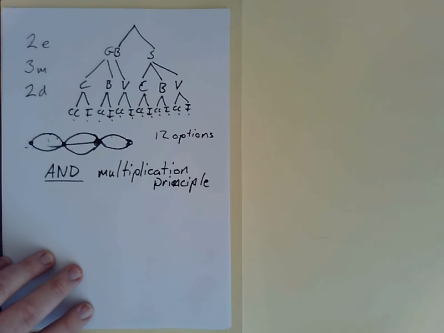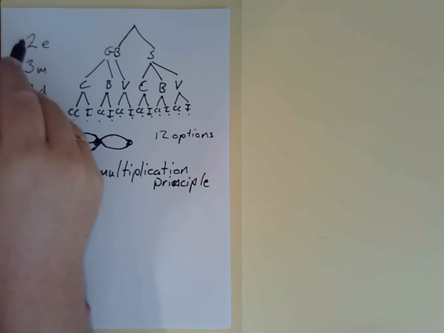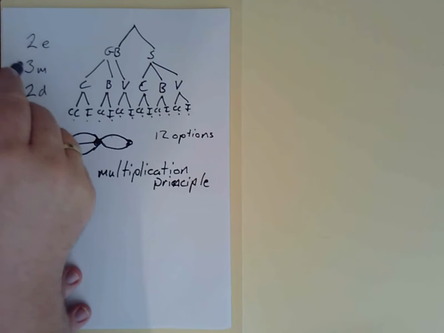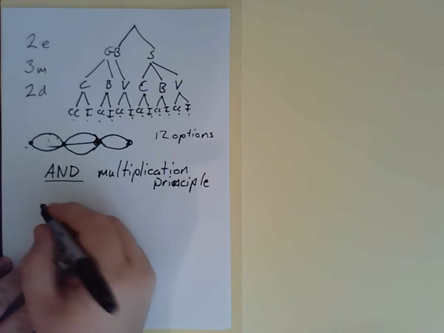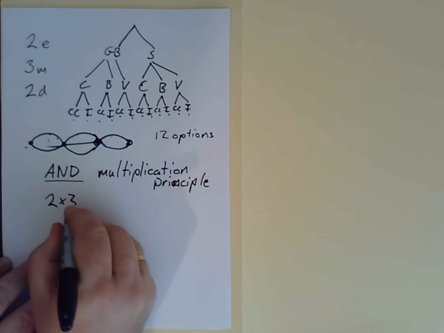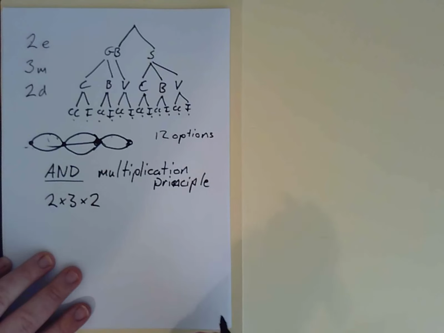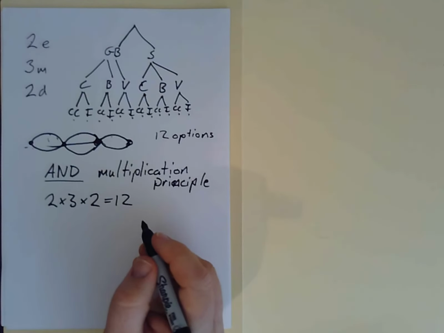And that says that when we've got this and thing, so a choice out of 2 and then a choice out of 3 and then a choice out of 2 again, or any sort of option like that, then what we need to do is just multiply them. 2 times 3 times 2. And we get 12.